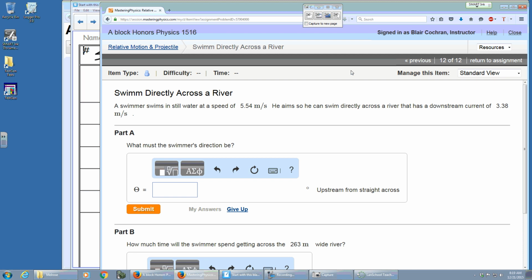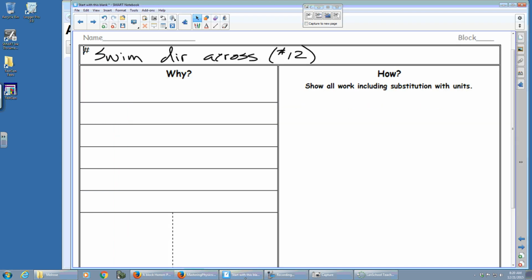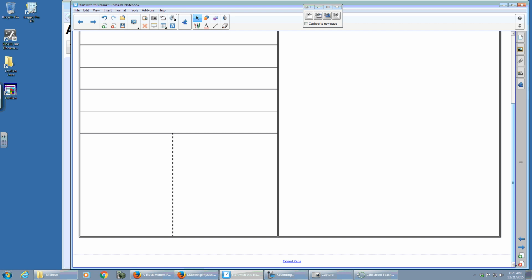All right? That doesn't mean that he aims directly across. He aims so that he can swim directly across. So in diagram sense, we'll treat this space as our river, with the velocity of the river with respect to the bank, or the current direction, being down.